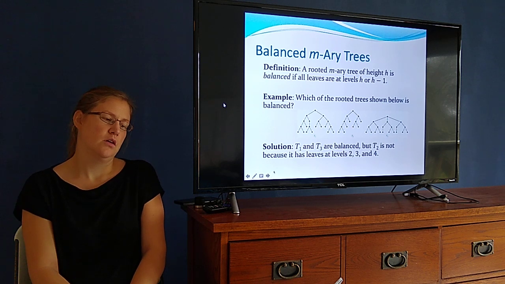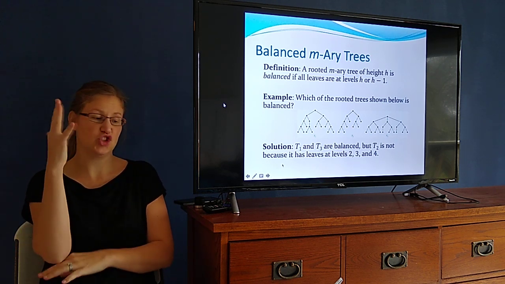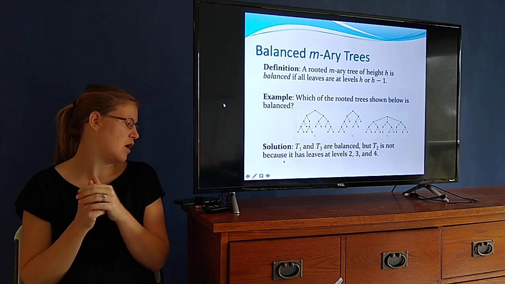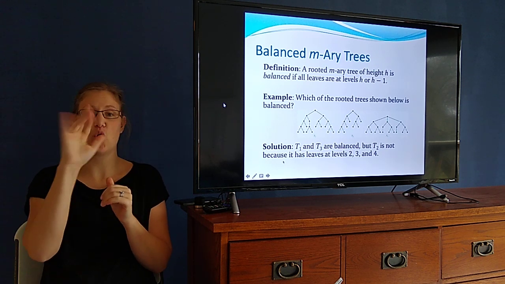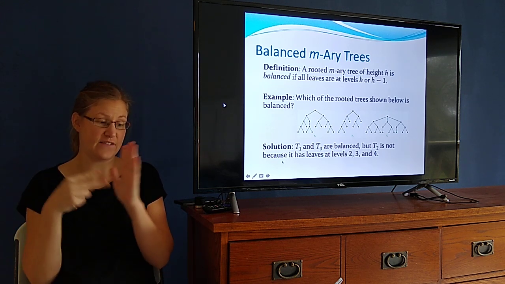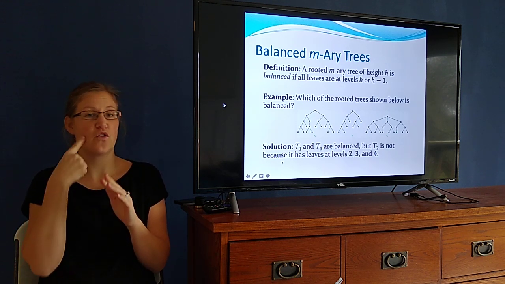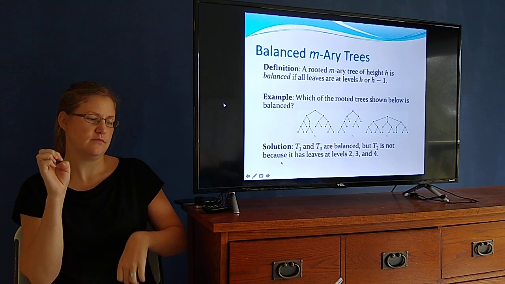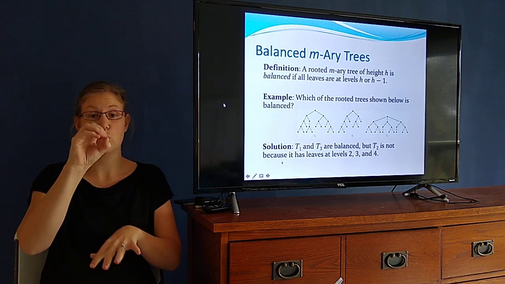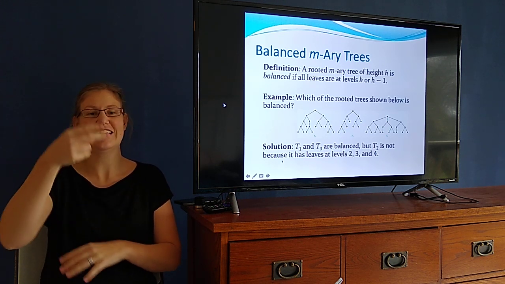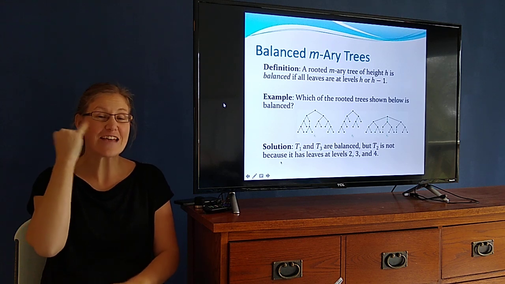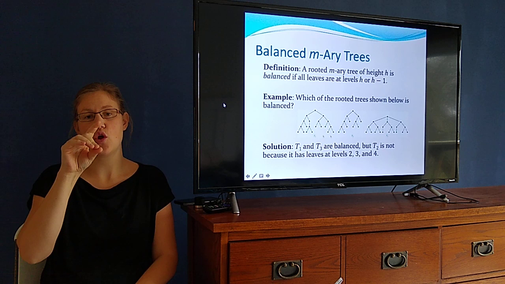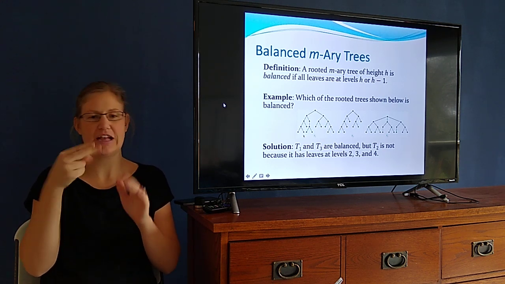Balanced M-ary trees. We have learned in the first 2 sections of this chapter about the balanced M-ary trees. And the definition again of this type of tree is: an M-ary tree of height h is balanced if all leaves, or all terminal tree nodes, are at levels h or h minus 1.